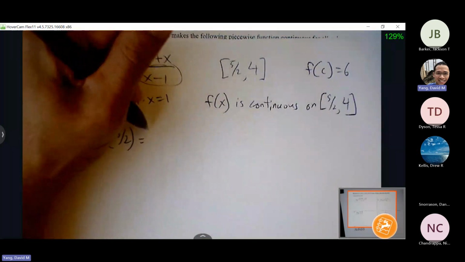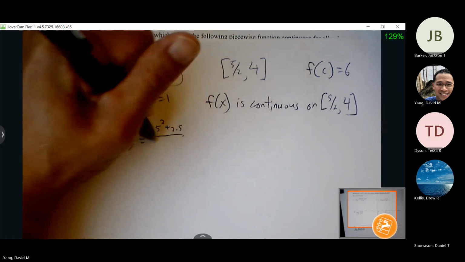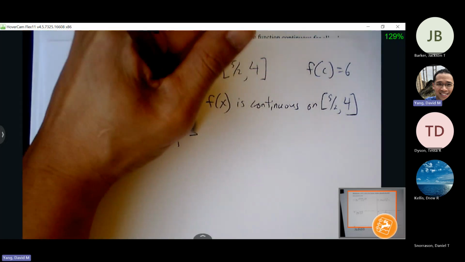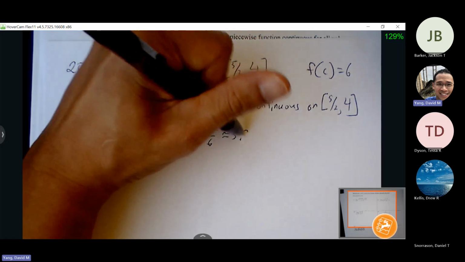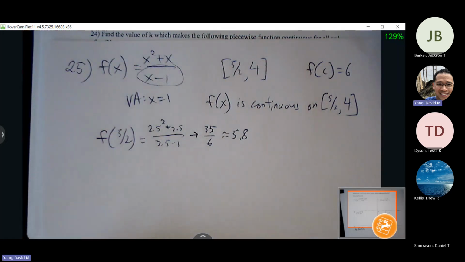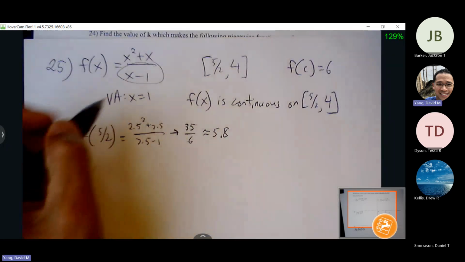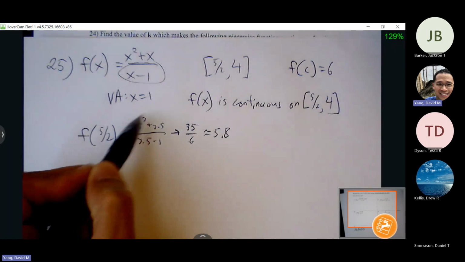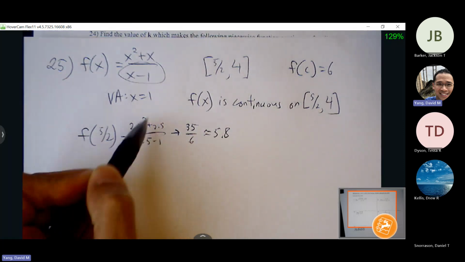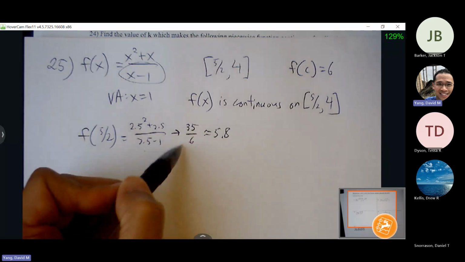But let's say we plug 2.5 in, I'm just going to do the work for us. It ends up being 35 over 6. This just reduces down to this fraction if we were to plug it into the calculator. It's a decimal over a decimal, and it just reduces to be 35 over 6.